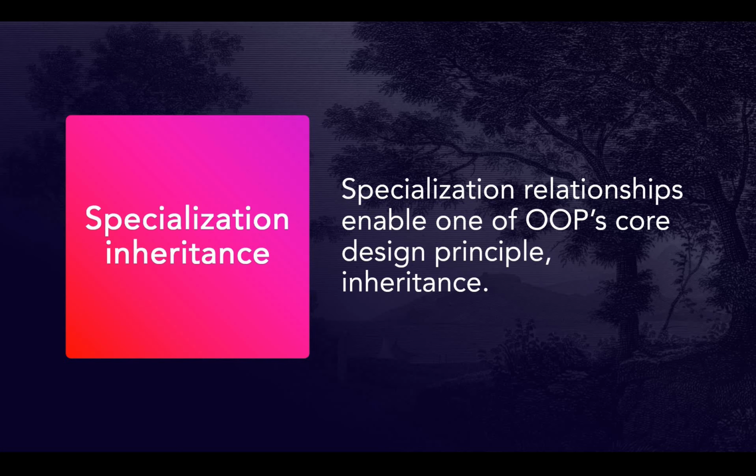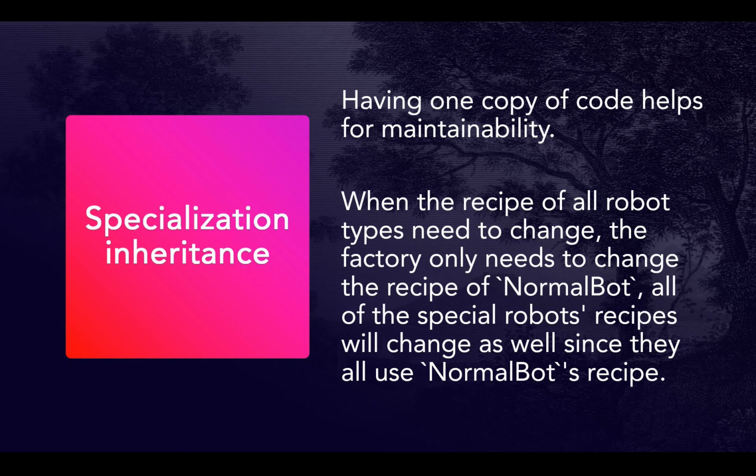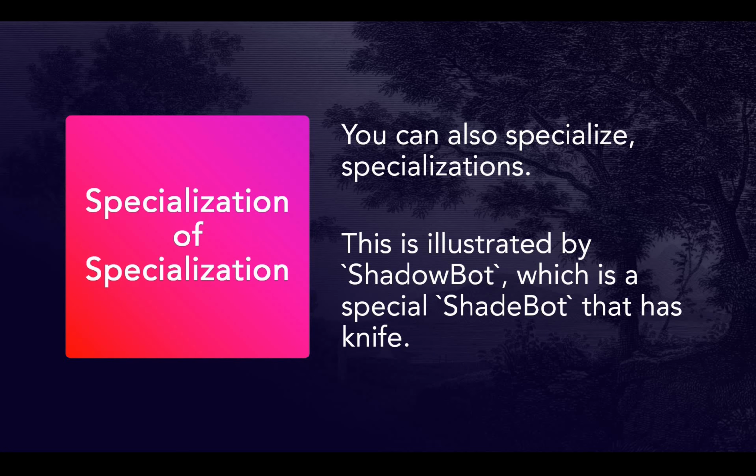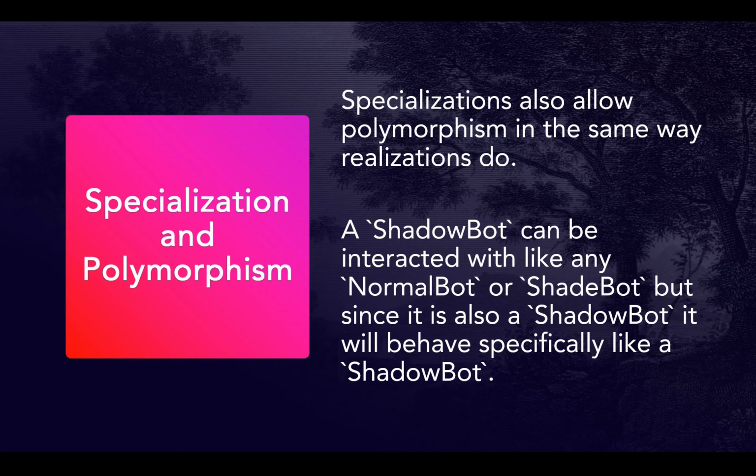Specializations also allow polymorphism in the same way realizations do. A ShadowBot can be interacted with like any normal bot or shade bot, but since it is also a shadow bot, it will behave specifically like a shadow bot.